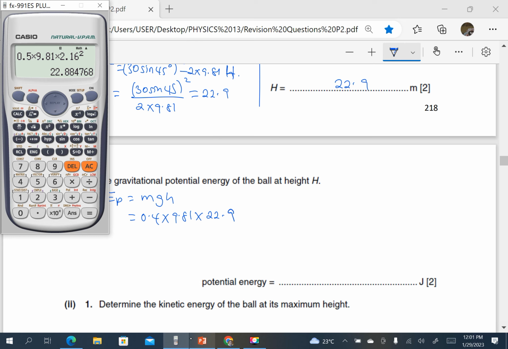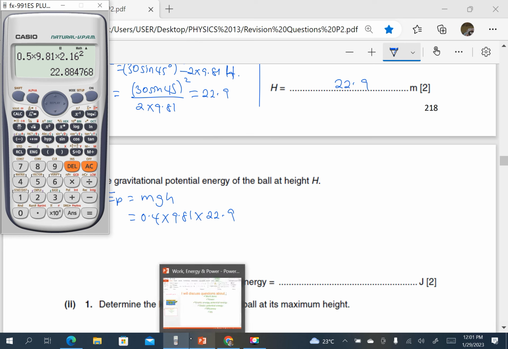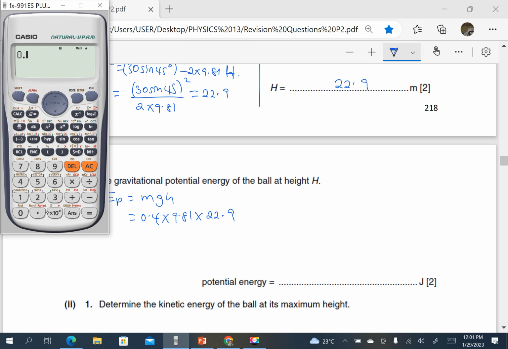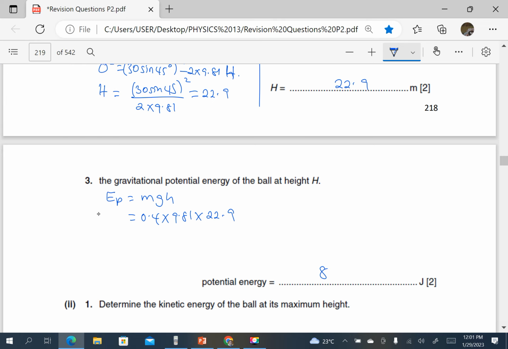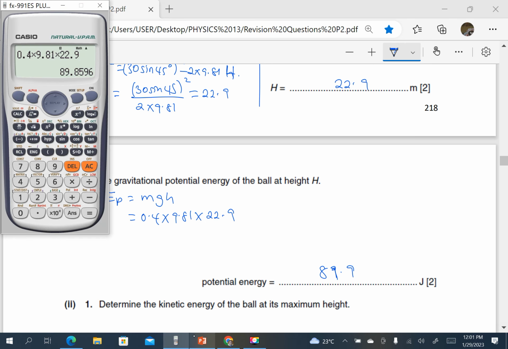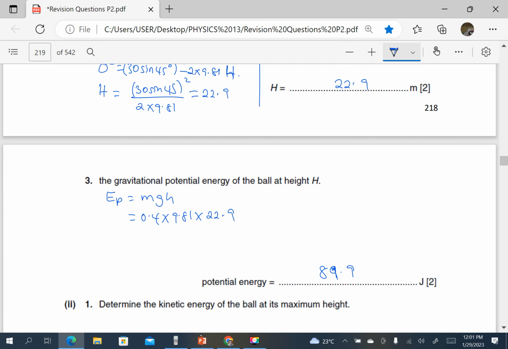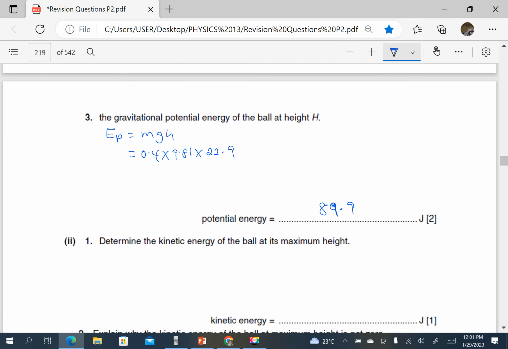So 0.4 times 9.81 times 22.9. That is 89.9. Is it inevitable to write 90? 89.9, that is fine. In joules, you can write 90.